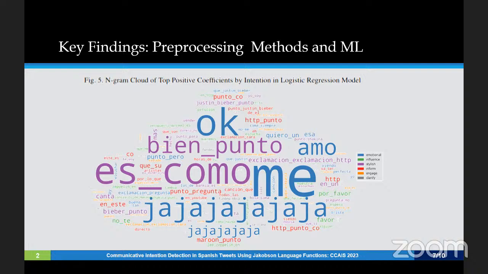The first is that the intention to influence can be conveyed through requests that include n-grams such as, in Spanish, favor, por favor, in English is please, I hope, we want, listen, and don't.